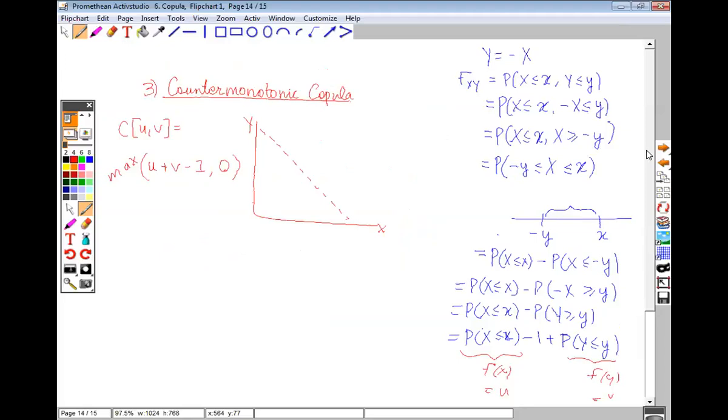Now I'm going to plot this copula here, with U and V. So remember, if I tell you that my random variable U takes a value small u, can you tell me what will be the value of my V, if I'm saying that this is a counter monotonic copula?